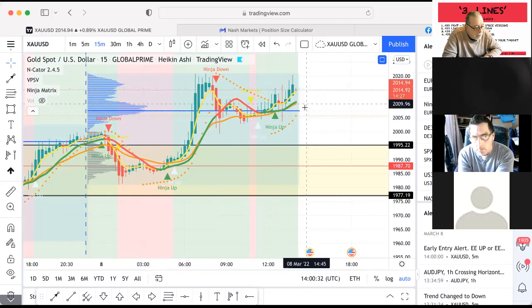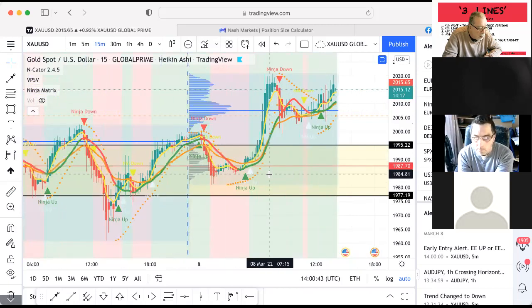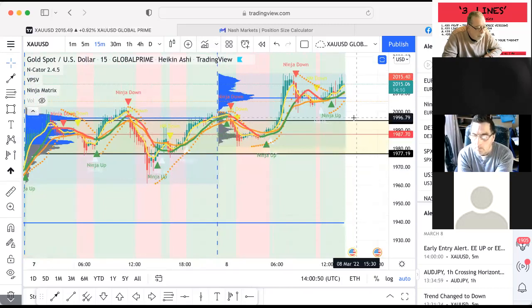If sellers win that battle and it comes down, that red line there, which is yesterday's point of control, is another magnet, but it'll probably stall at the top of our value area, and it'll have another think about it.